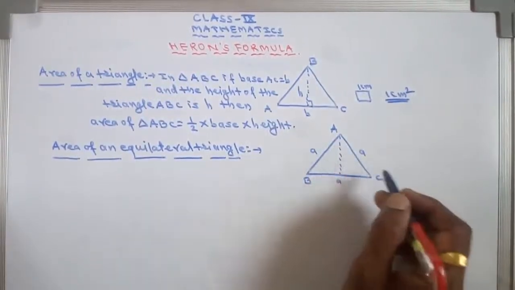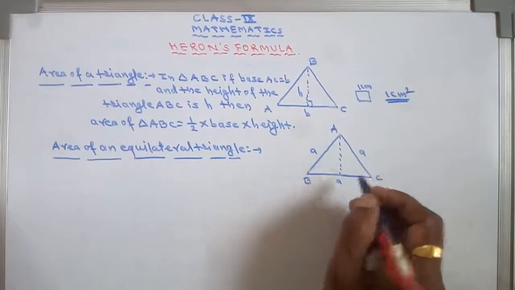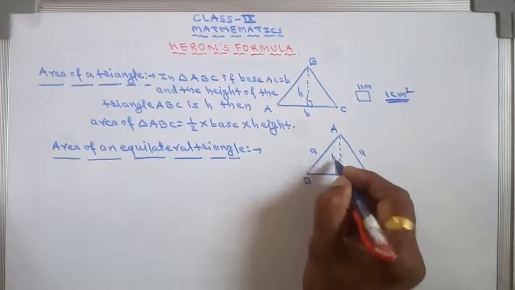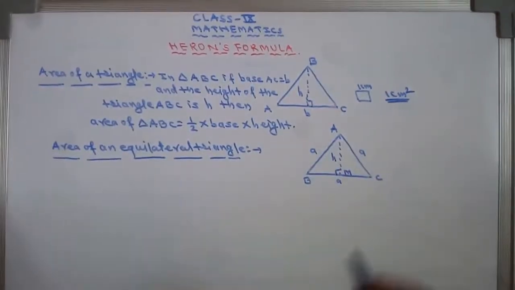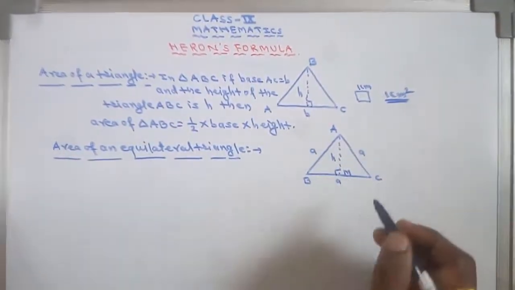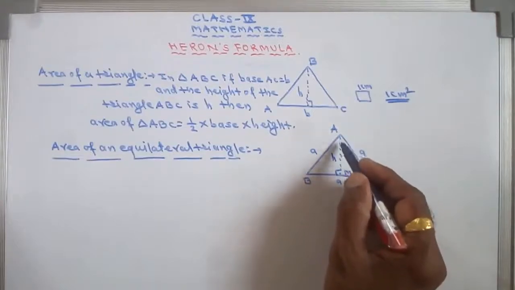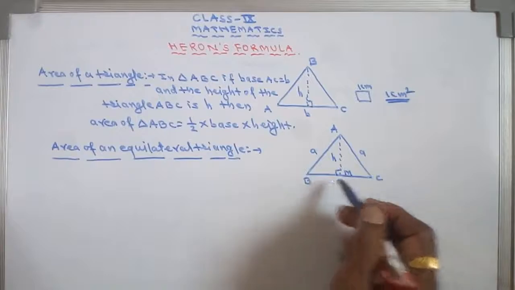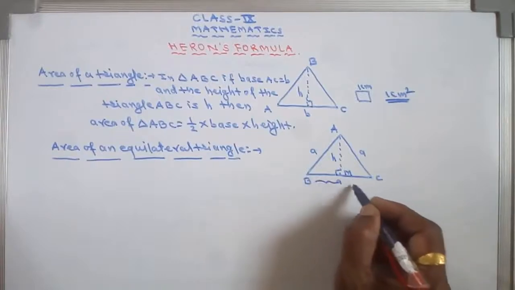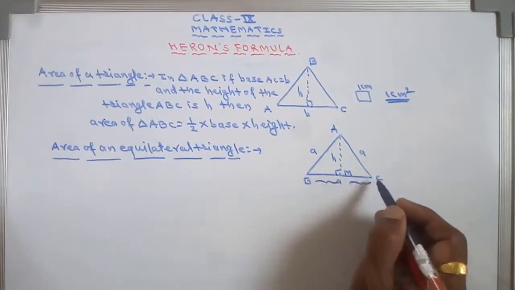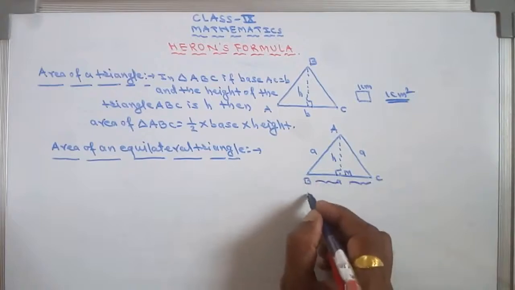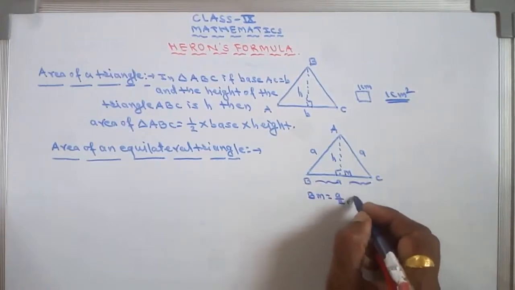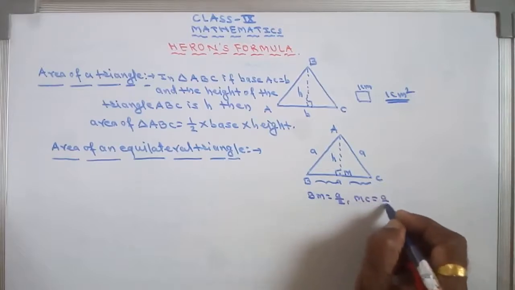The height is not given, but let us consider that this AM is the height of this triangle. First of all, you find the height of the triangle. We know that if you draw the perpendicular in an equilateral triangle to the opposite side, it bisects the opposite side. So BM will be equal to half of a, that is a by 2, and MC will be a by 2.